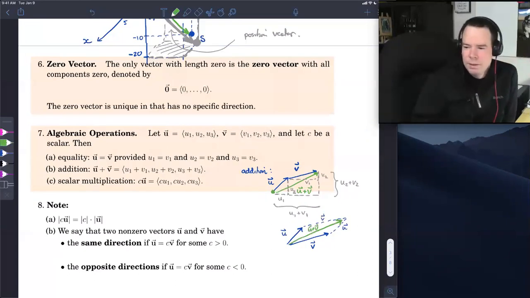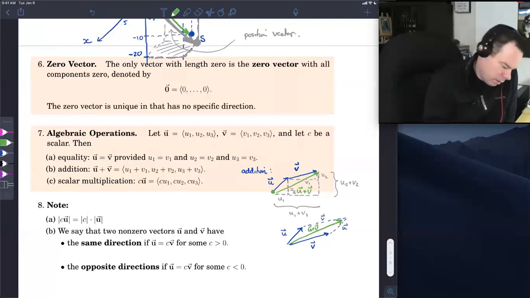So those are 2 ways to visualize the sum. One is as a triangle with u and v as 2 sides of the triangle, and then the sum as the third side, or as a parallelogram with the sum as the diagonal across the parallelogram.